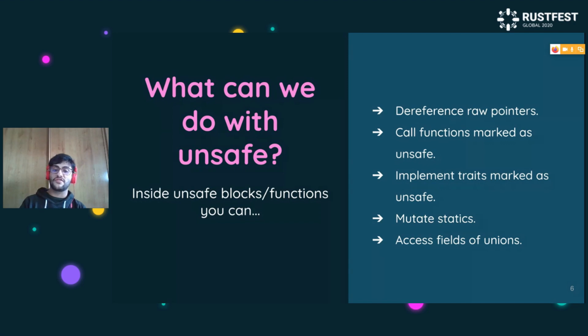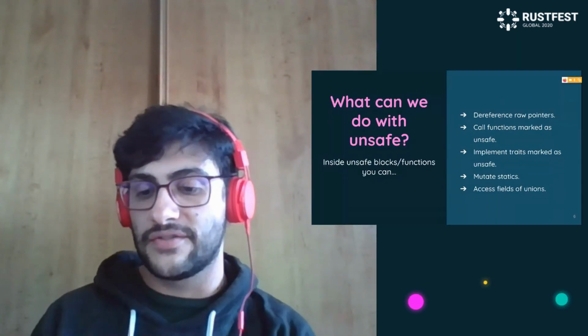Unions are like enumerations, but they don't have a consistent tag to distinguish each variant. You can literally join two types into a single one and use every value of that type as any of the possible variants at the same time. So you need unsafe to access those fields.